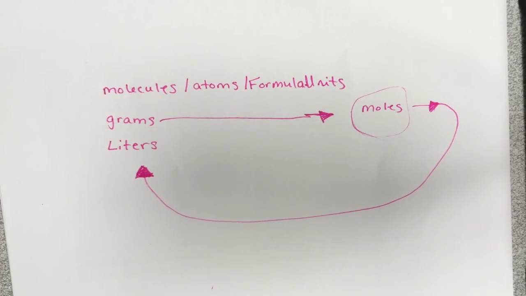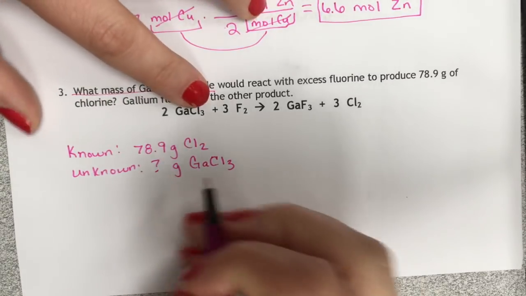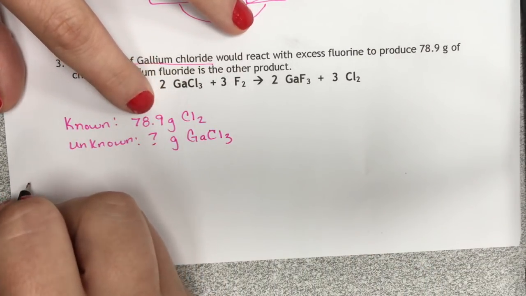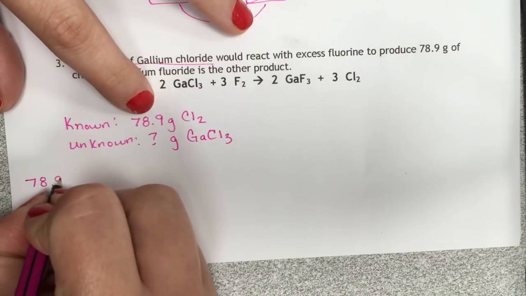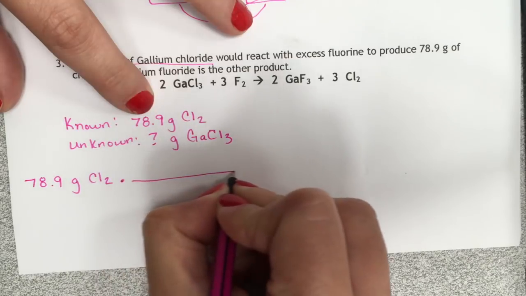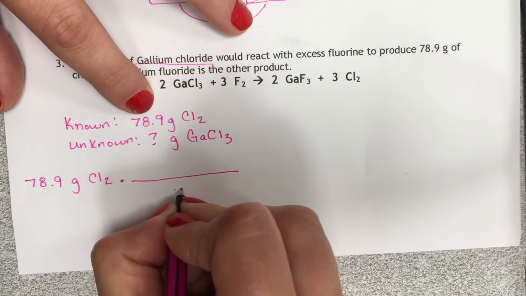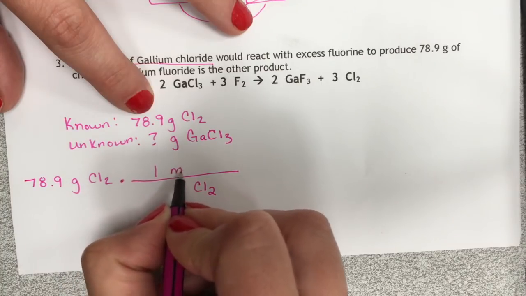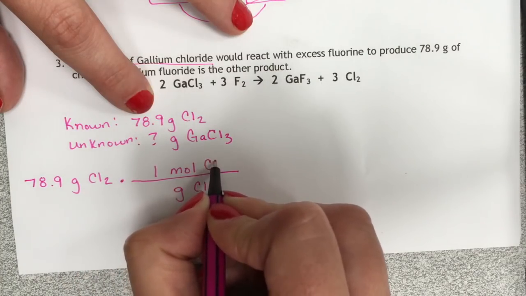Speaking of, I'm going to need a periodic table. Oh, sweet, got one. So we have grams, we need to go to moles, and then grams. We always start with what we know, 78.9 grams of Cl2. Whatever's here must go here, so grams of Cl2 over 1 mole of Cl2.